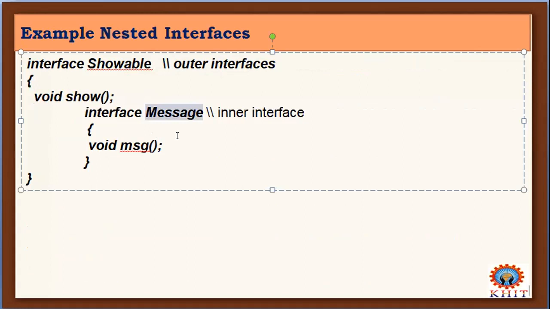This is the inner interface. And in this inner interface, we have a method called MSG. Okay, as you can observe here, there is no definition for the methods MSG and show, that means no total body of the methods. Because this is an interface, so an interface doesn't contain any body of the method.